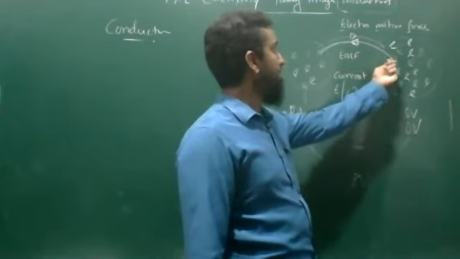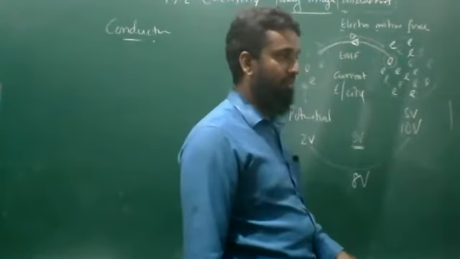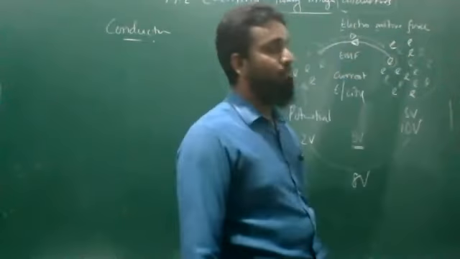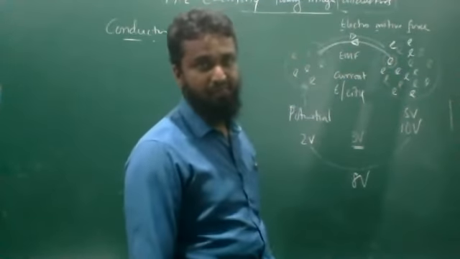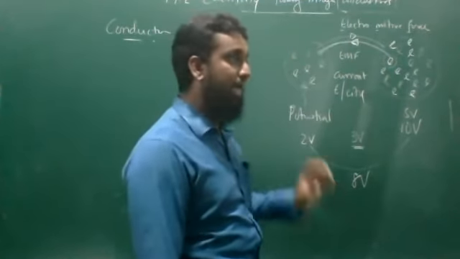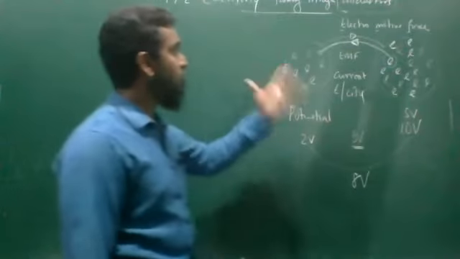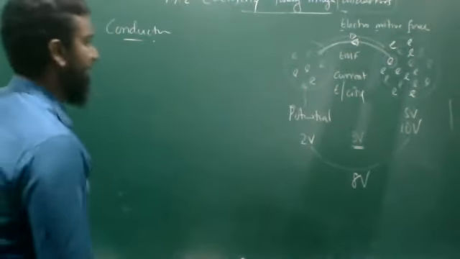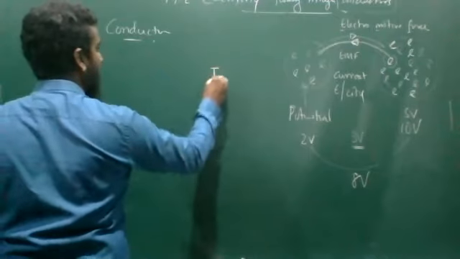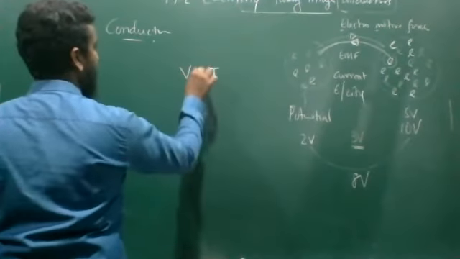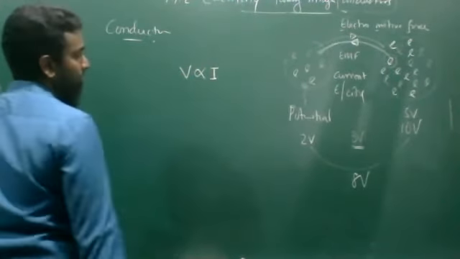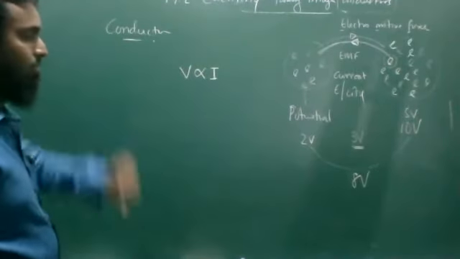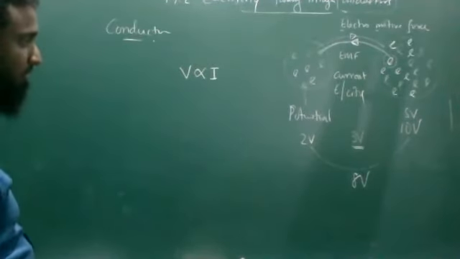Because of this potential difference, the electron is going to move very quickly. By moving very quickly, we get a very rapid movement of current as well. Therefore, the value of the current is going to be high. The current has a proportional relationship with the potential difference.